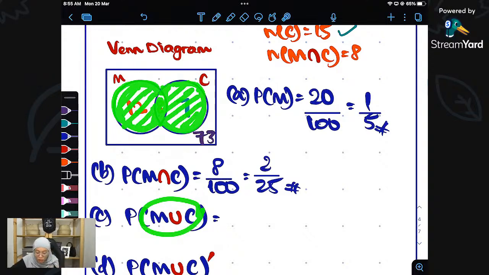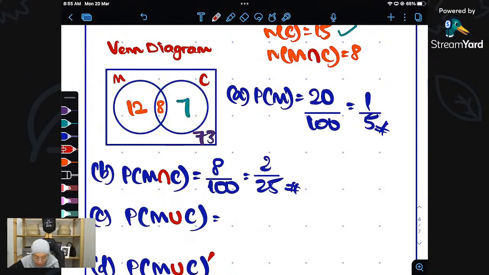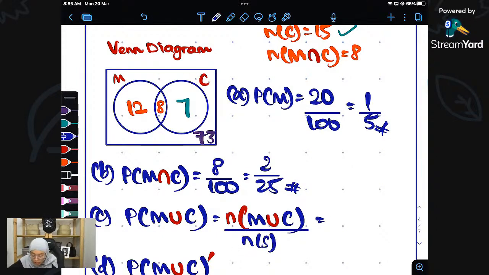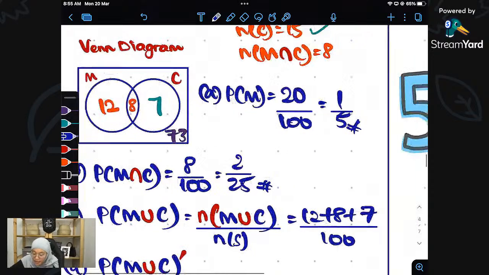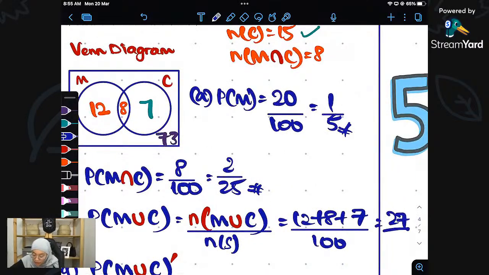Therefore, you need to find the number of happenings, the number of maths union with chemistry, and then divide everything by the number of sample spaces. The maths union with chemistry is just 12 plus 8 plus 7, everything divided by 100, which gives you 27 out of 100.